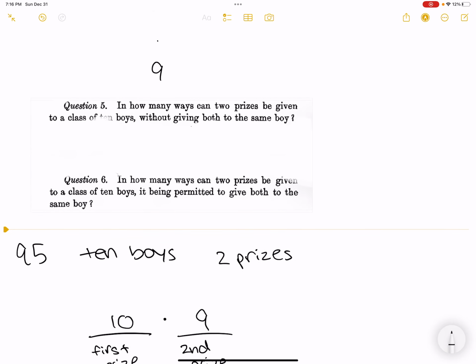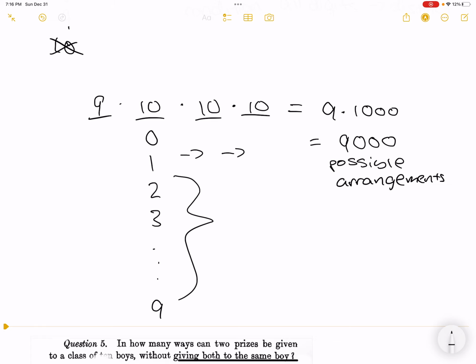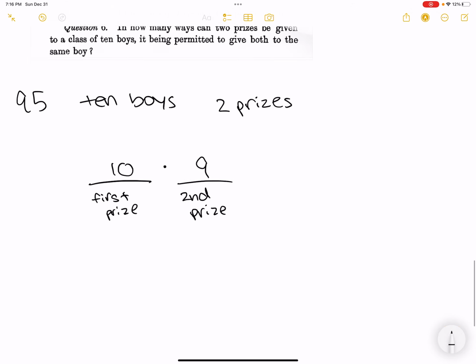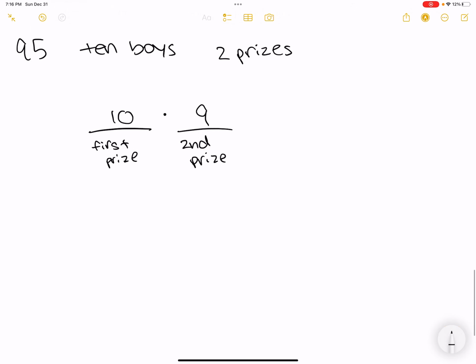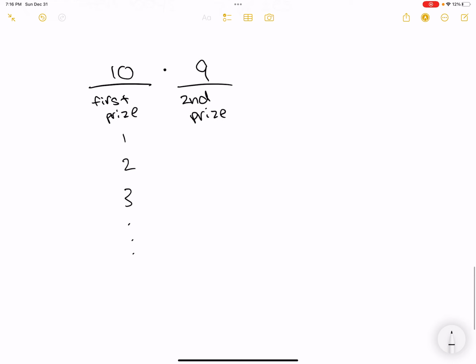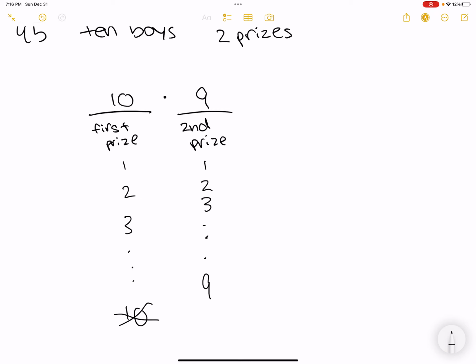That means, just like how we did here with all the possible numbers, if in the 10 boys, let's list it again, let's say the 10th boy got the prize. That leaves only the other 9 boys who have a chance of getting the second prize.